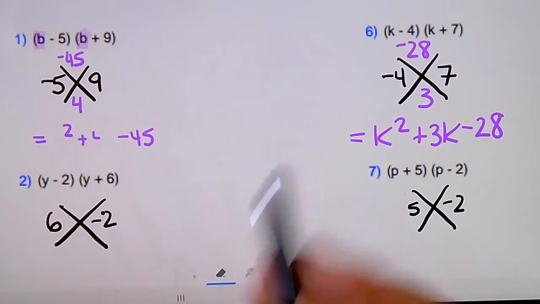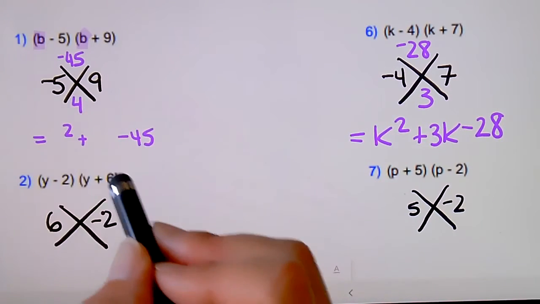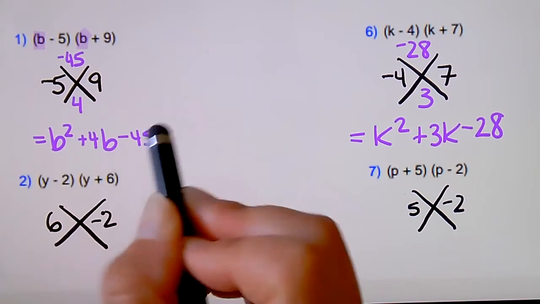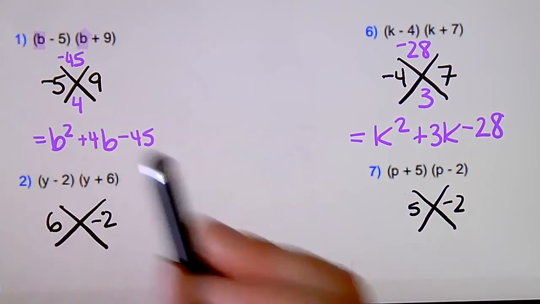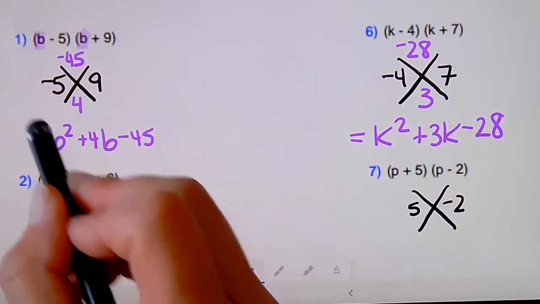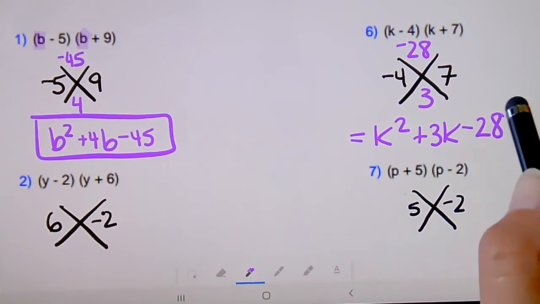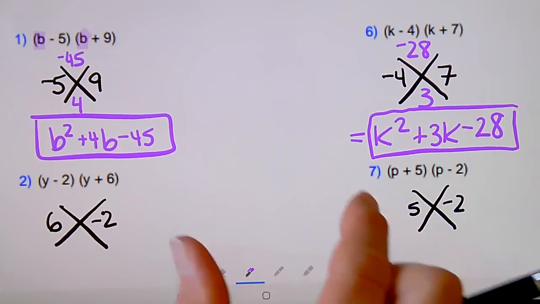So I'm going to write it with the b's. So I really should have written this as b squared plus 4b minus 45. Now this one here, again, k squared plus 3k minus 28. That's what you should have gotten there.